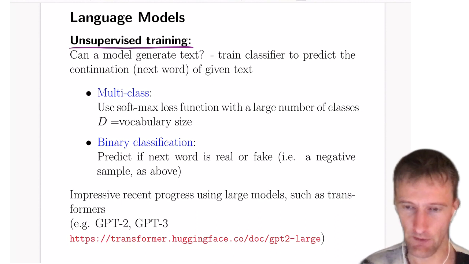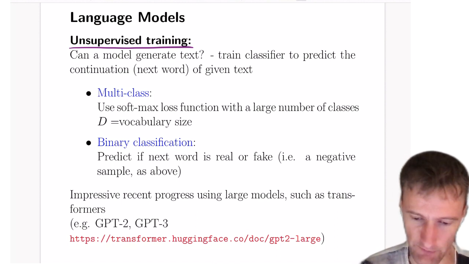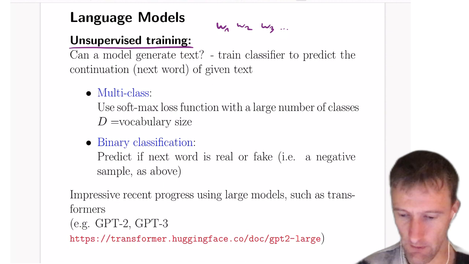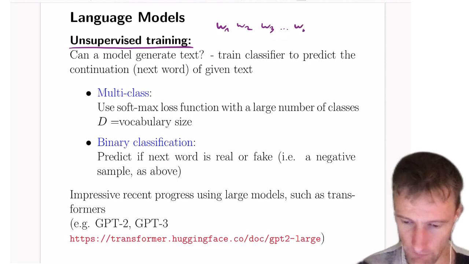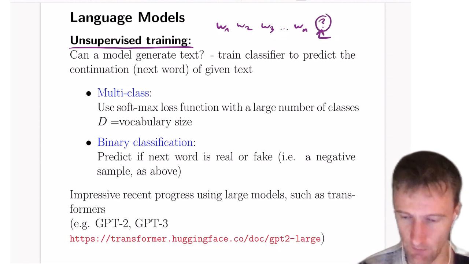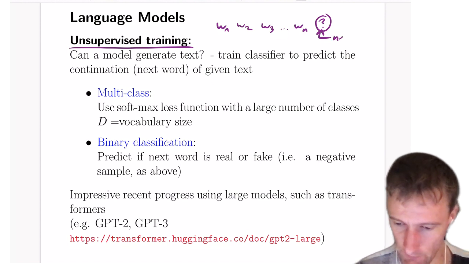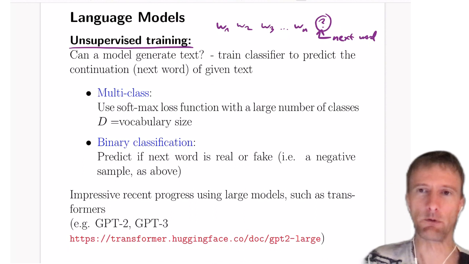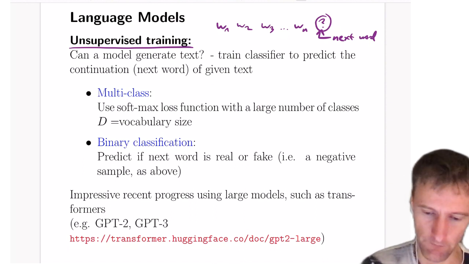I'm given a sequence of text: word 1, word 2, word 3, and word n, and then I'm just asking, how do you continue this? Can you find the next word? Can you find a continuation of text?